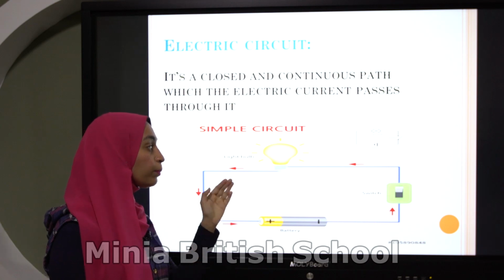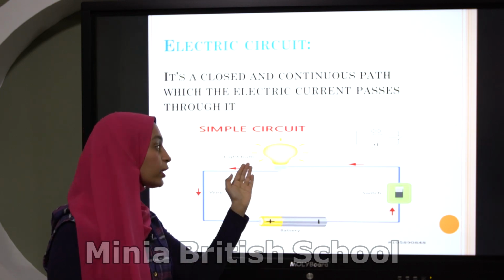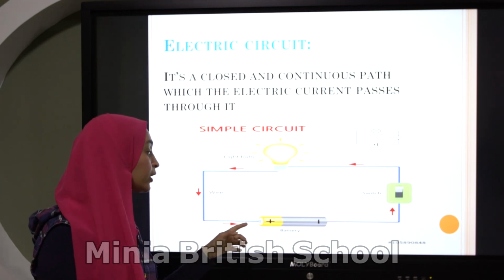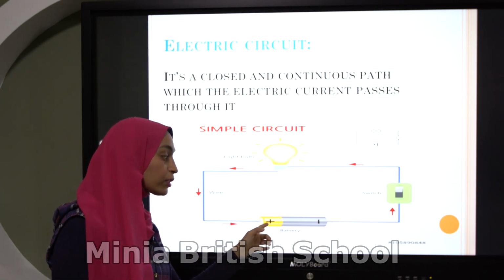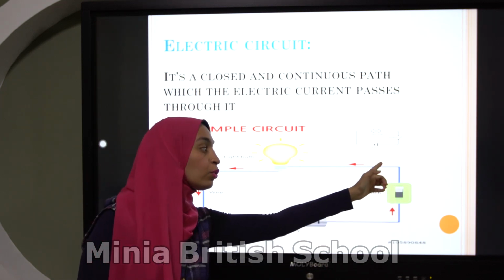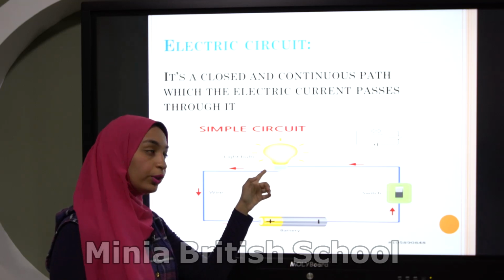Okay, now we put those parts and we connected all of them. What will happen in the electric circuit? First, the electric current comes from the positive pole to the negative pole and passes through the wire until it reaches the lamp.